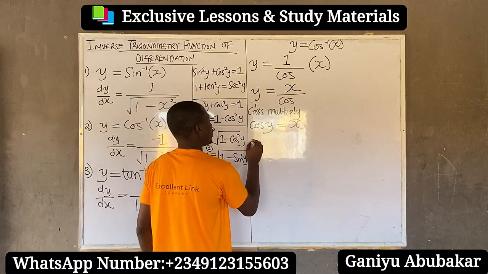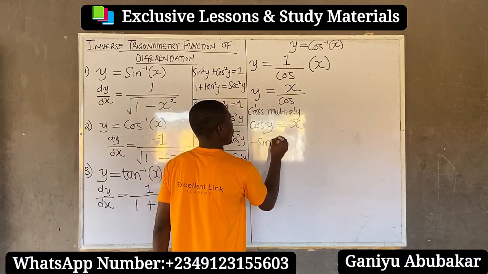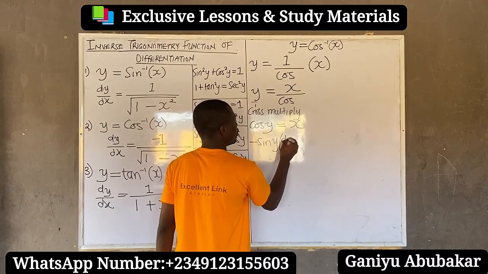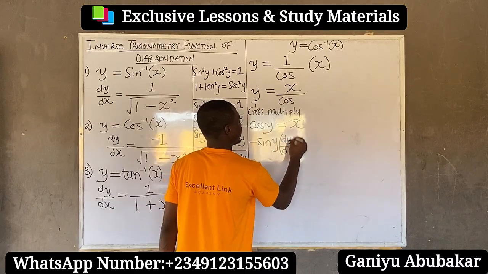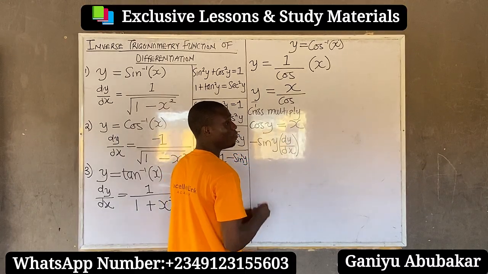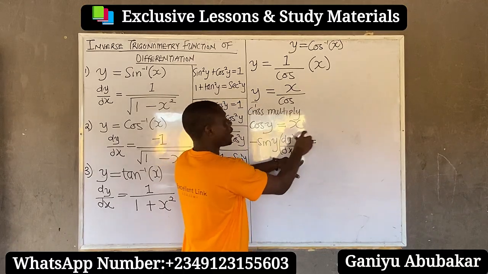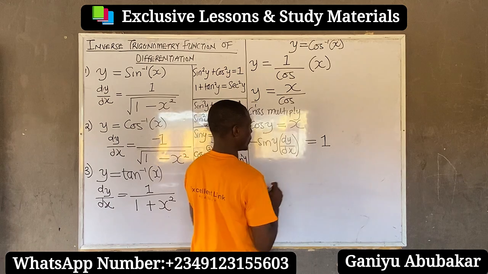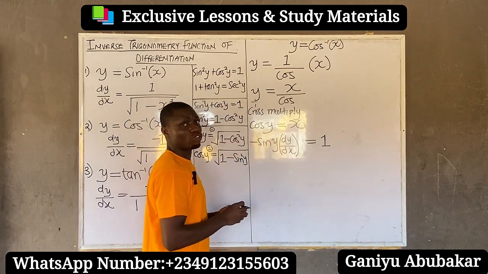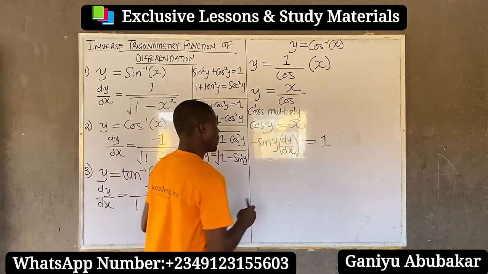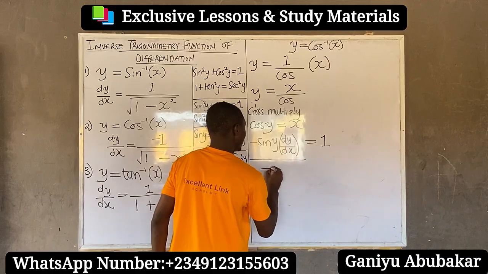When it's cos y, that gives you minus sine y. Of course, attach dy dx to it because we're dealing with implicit differentiation. That is equal to the derivative of x, which gives you just 1. At this junction, I'll try to make dy dx subject. So I have to divide both sides by what?